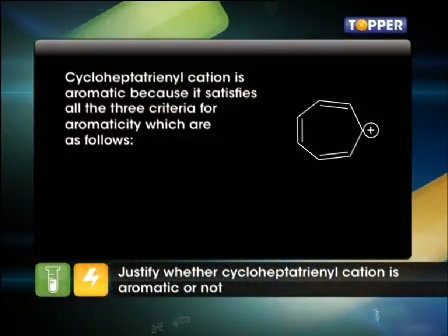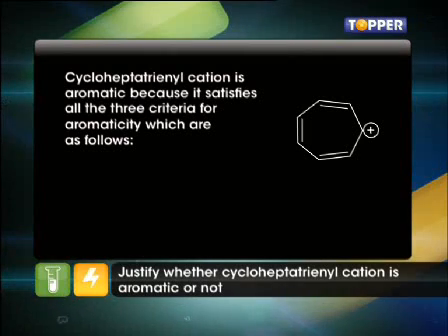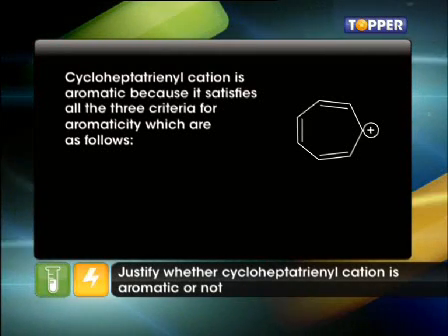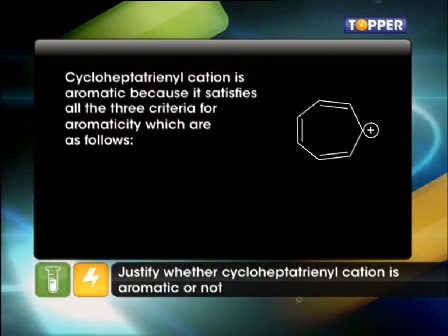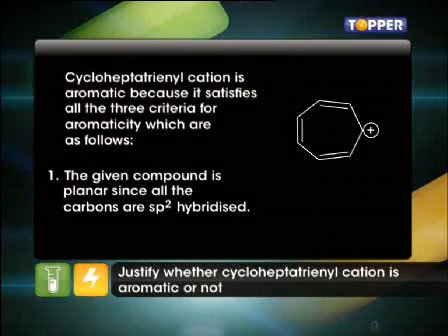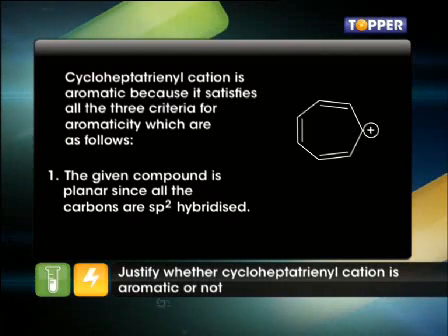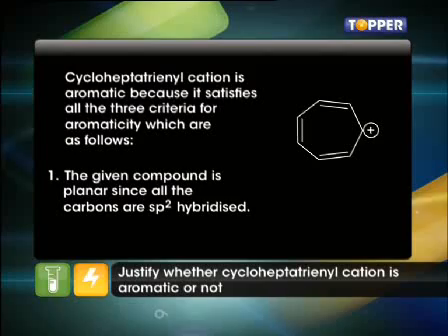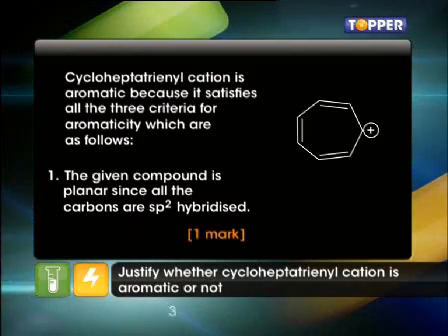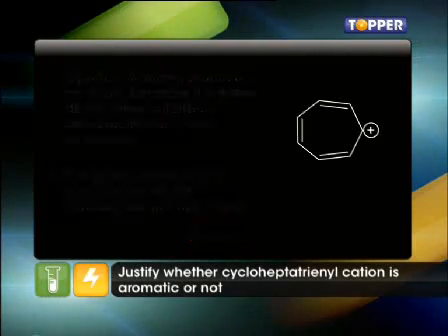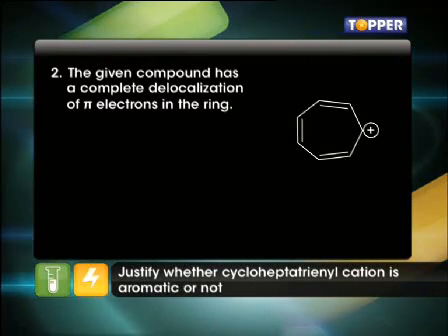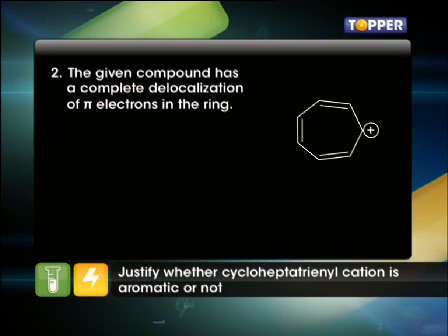Cycloheptatrienyl cation is aromatic because it satisfies all the 3 criteria for aromaticity. The criteria are: the given compound is planar since all the carbons are sp2 hybridized. Mentioning planarity will fetch you 1 mark. The given compound has a complete delocalization of pi electrons in the ring.